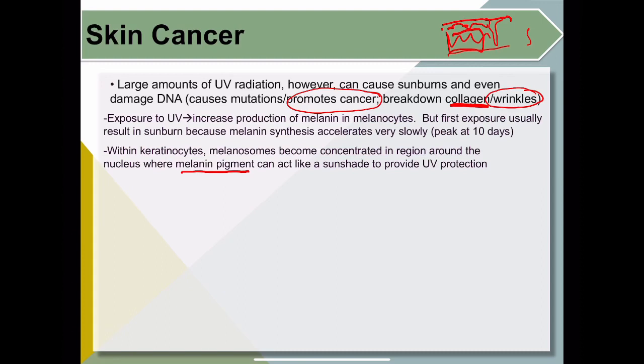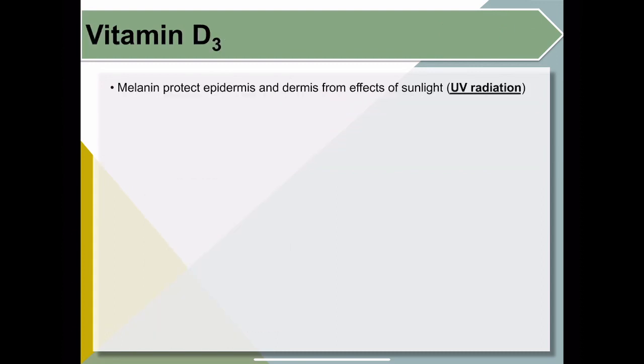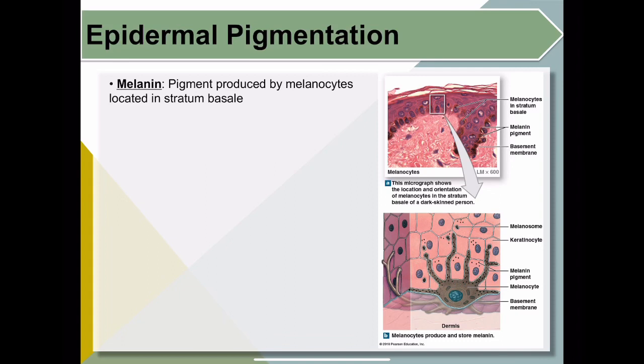For example, if we go back to that previous picture here, you see this is a melanocyte, and these are your melanosomes here. Let's say you have concentrated melanosomes because you are exposed to the sun a little bit. You end up producing more melanosomes with the melanin.